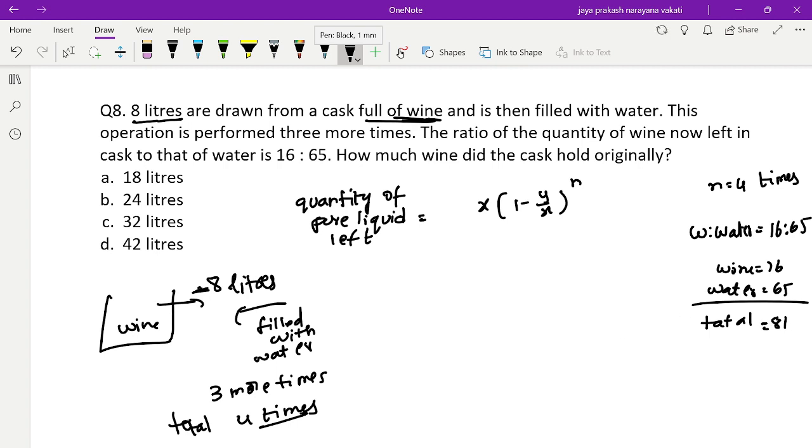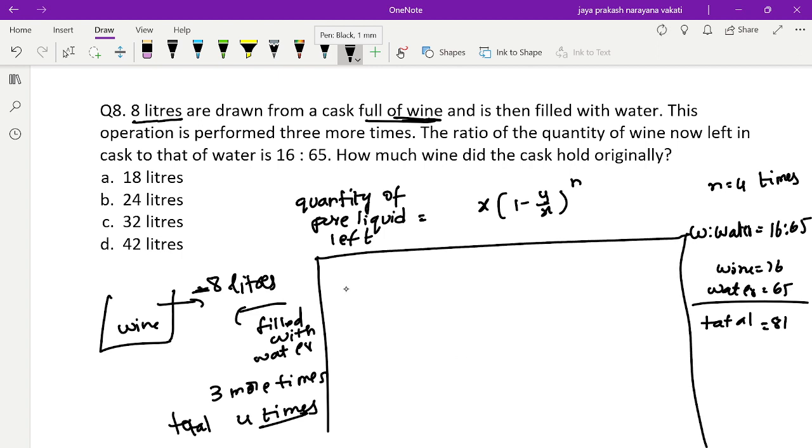So now it's a very simple question. We have written all the information which is given. See the solution, guys. We know that the quantity of wine left equals total into (1 minus y by x) whole power n.